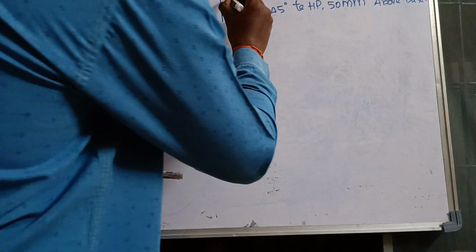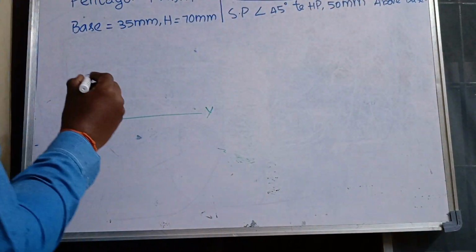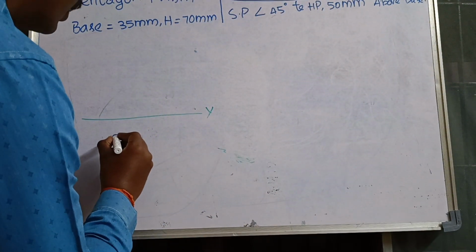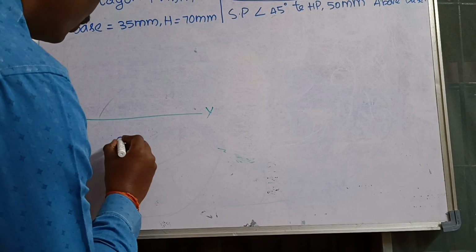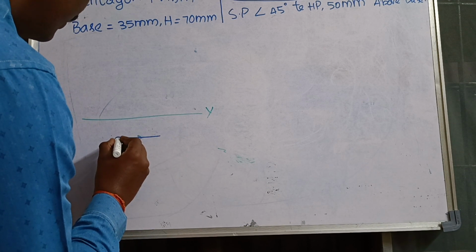As per this condition, when you draw the pentagonal prism in top view, base is parallel to VP. Also the base dimension is 35.